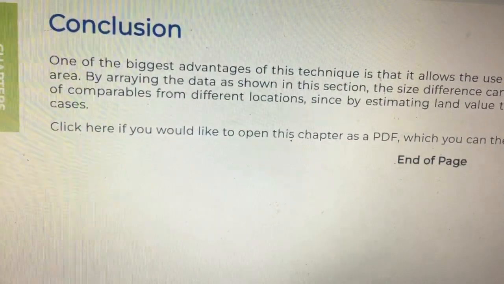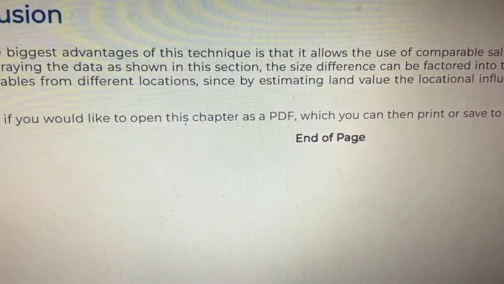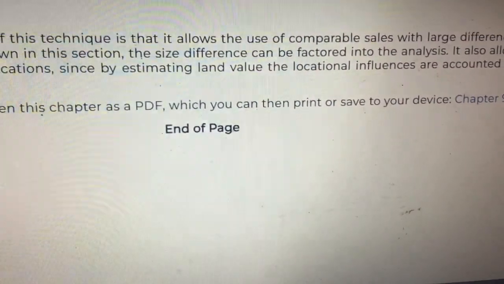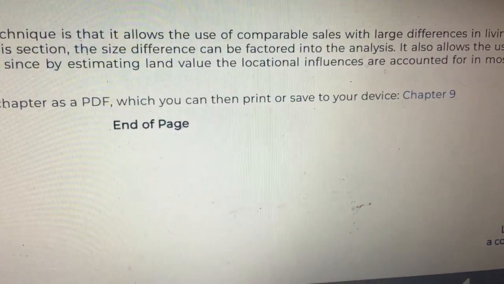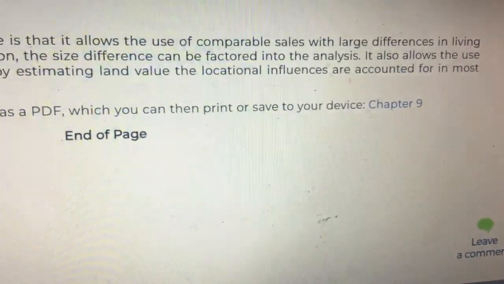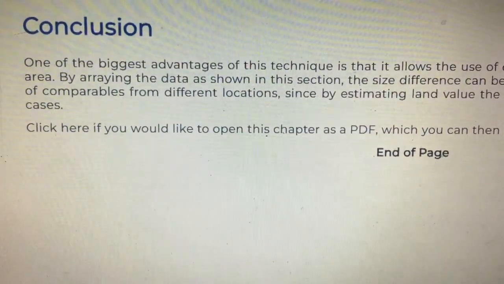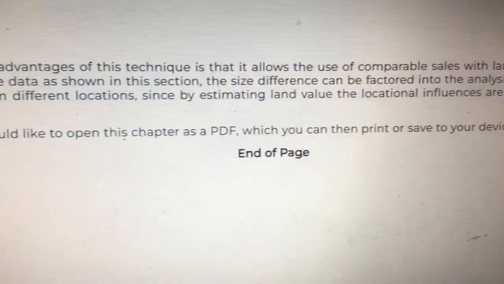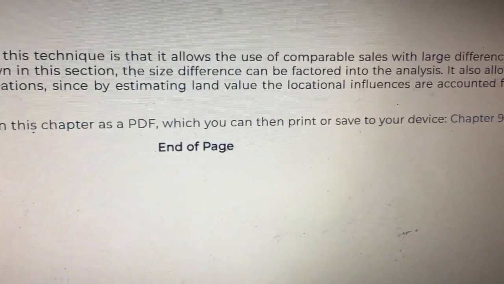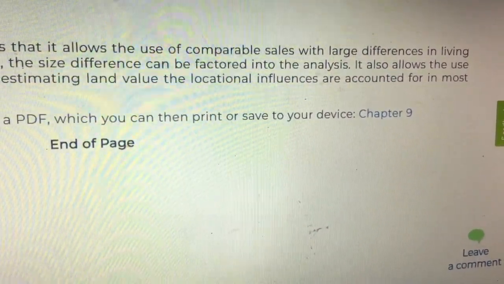By arraying the data as shown in this section, the size difference can be factored into the analysis. It also allows the use of comparables from different locations, since by estimating land value, the locational influences are accounted for in most cases.